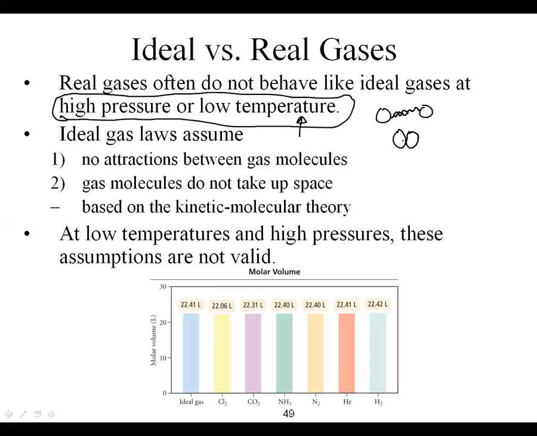And that's going to allow things like repulsive forces and attractive forces to come into play. And remember that in the ideal gas situation, those are the two things that we ignore. We ignored the volume of the gas itself, and we ignored any attractions between gas molecules.